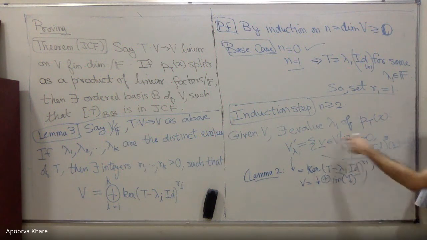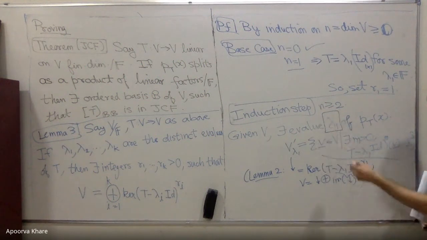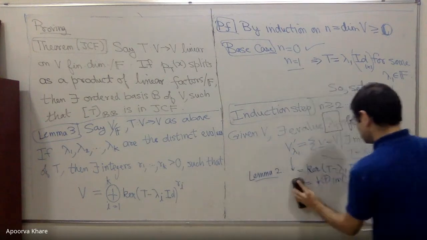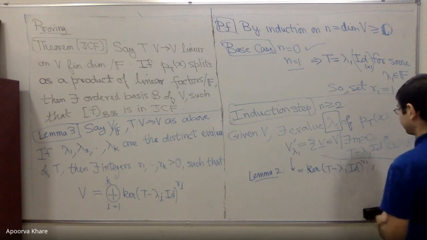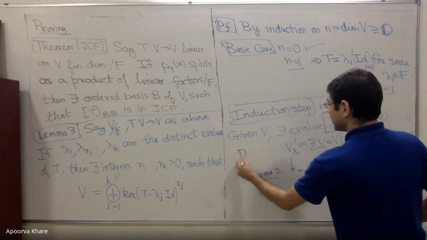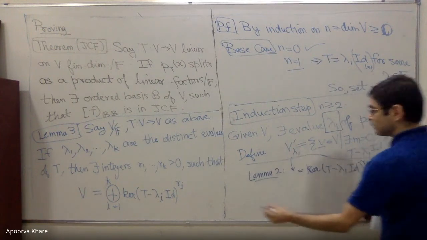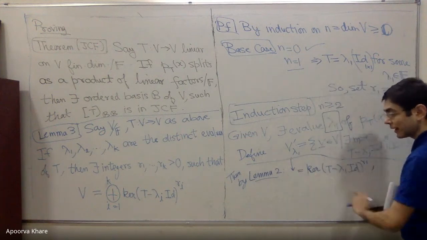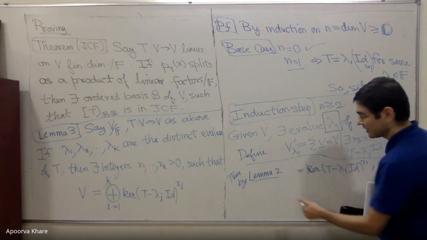And so now we apply lemma 2. Because there exists such an eigenvalue, we know that we can do this. So by lemma 2, define this thing. I'm just literally writing down the statement of lemma 2, but fine, we'll say that that's part of the proof.